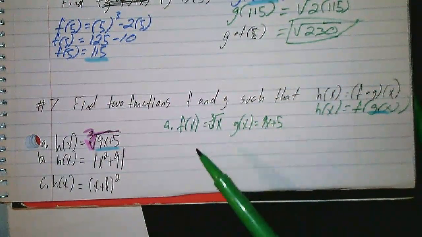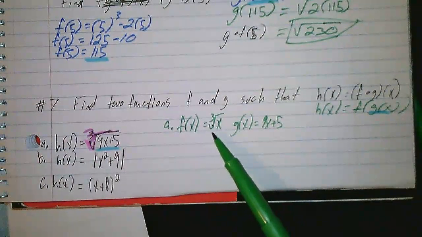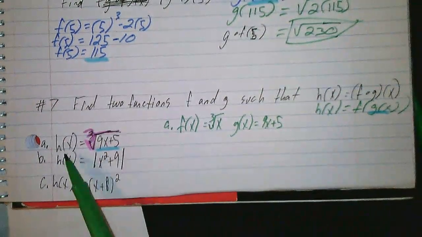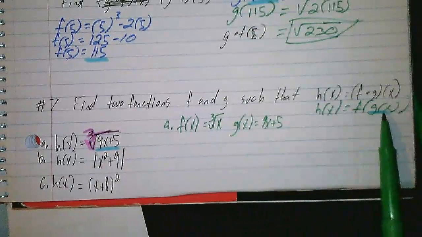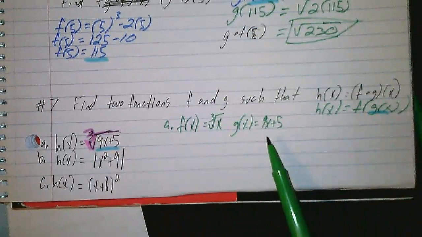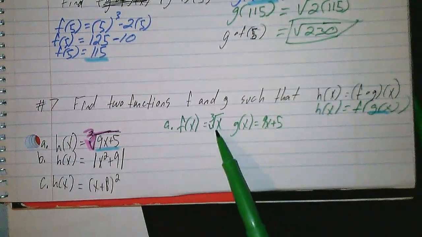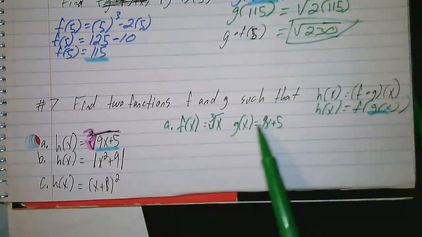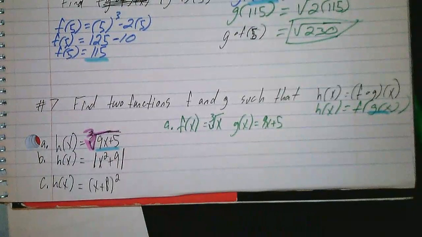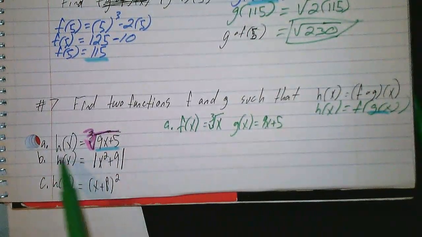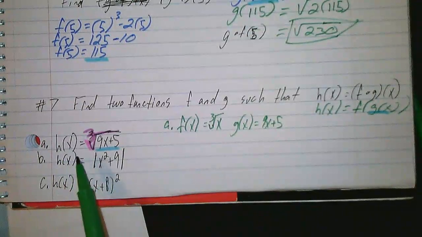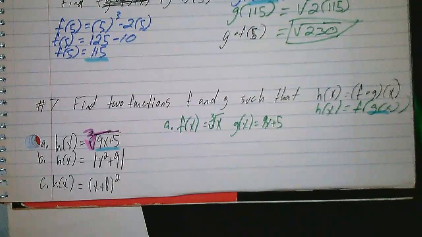So that if I were to create h of x by plugging g of x into f of x, wherever an x appeared in my f of x function, I would replace it with 9x minus 5. And that would create this function, h of x equals the cube root of 9x minus 5.